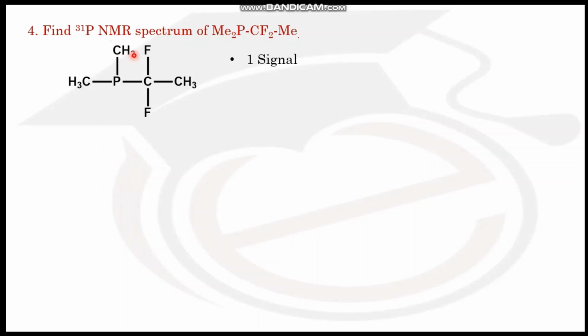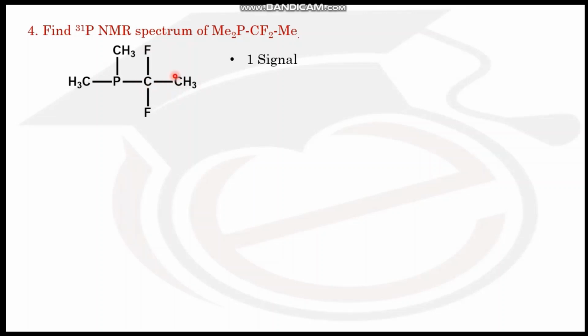Next to carbon, there are hydrogens, and that is an active nucleus, so that can cause splitting. Hydrogen is connected to carbon, then connected to phosphorus. That means two bond coupling, so that is possible, right? Next, fluorine is also an active nucleus, so that can also cause splitting.